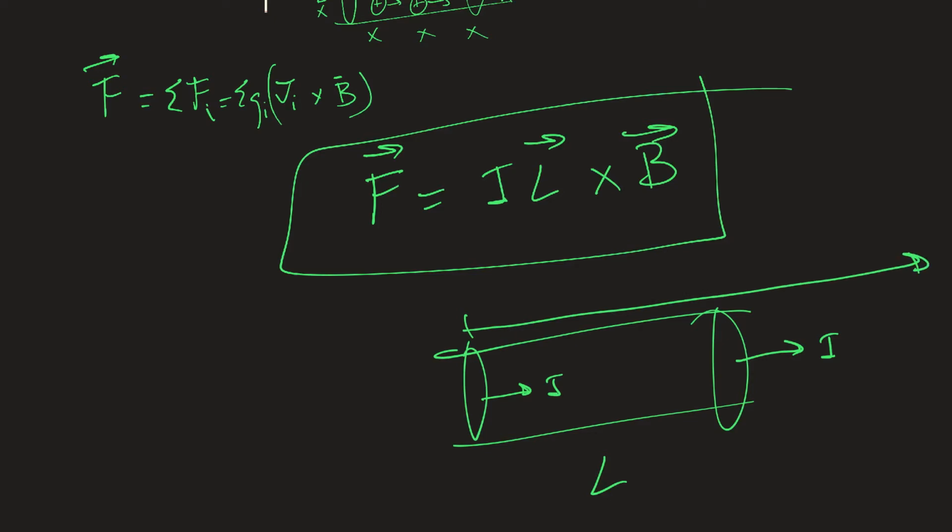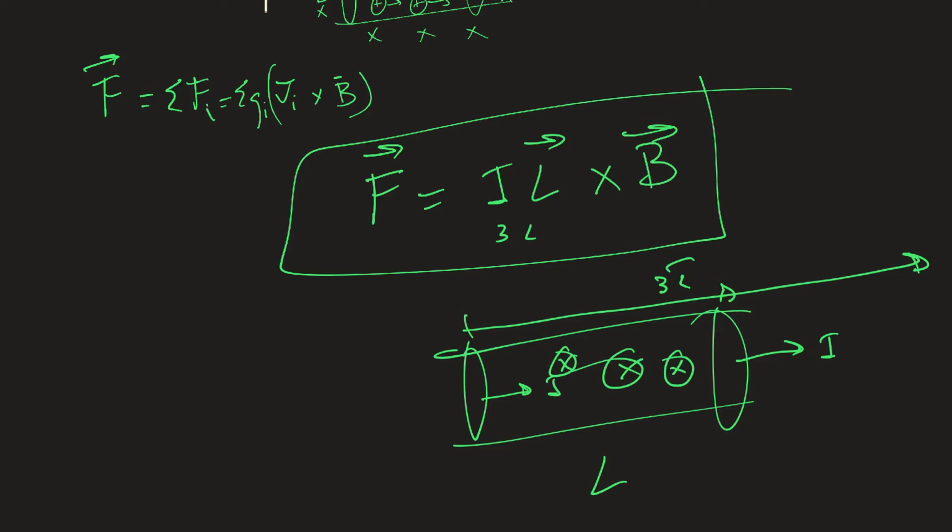If I is 3, it will be 3 times L, so it's this vector, 3L. 3L cross B, the magnetic field that is here, will be the acting force.